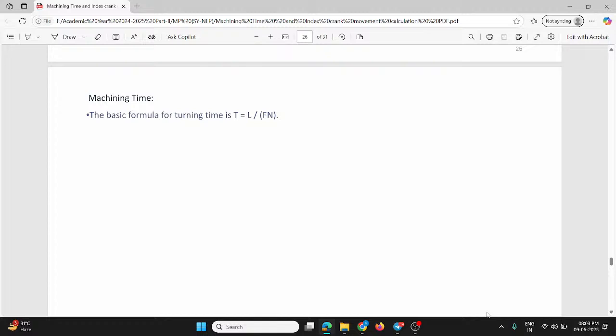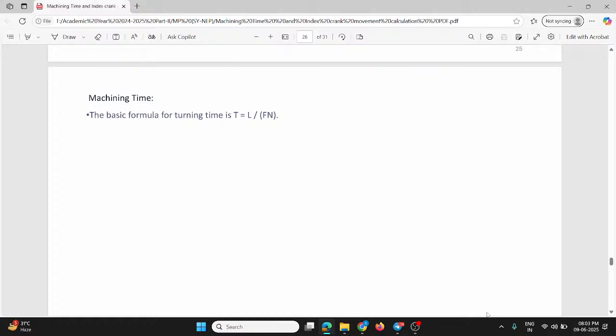Listen here, we have already discussed the formula for machining time calculation, shown on the screen. This is the generalized formula for calculating the machining time.